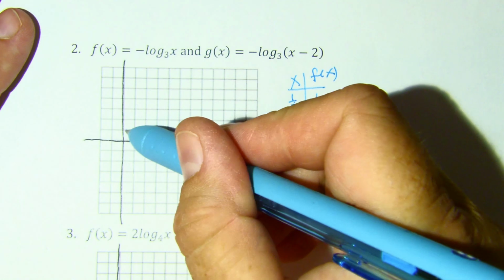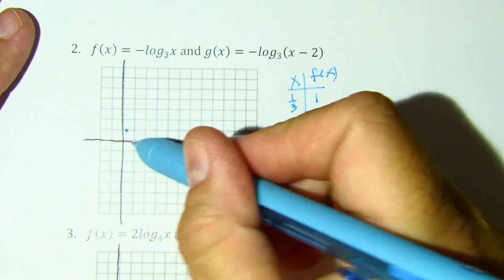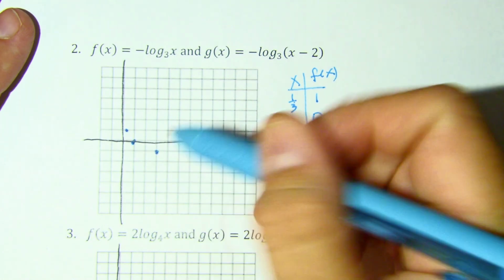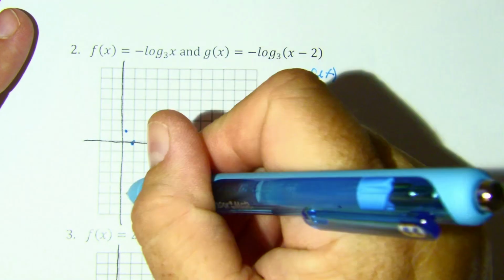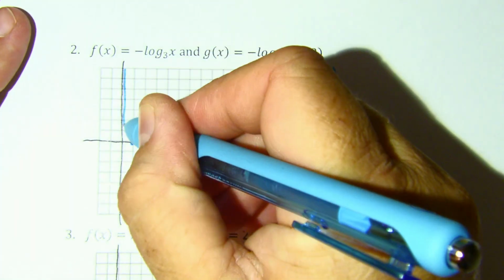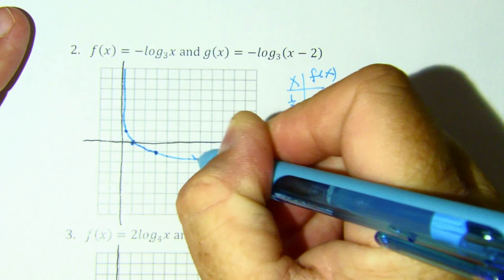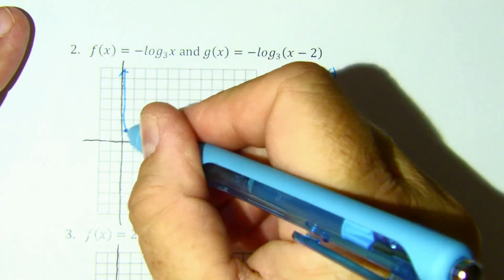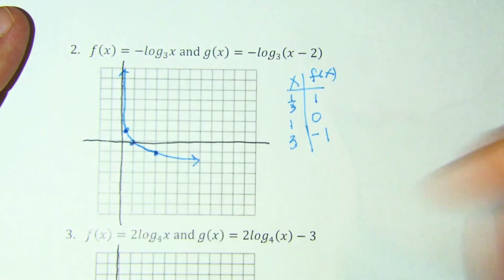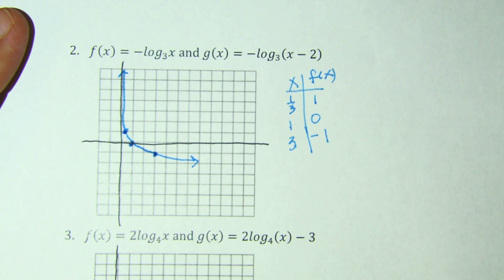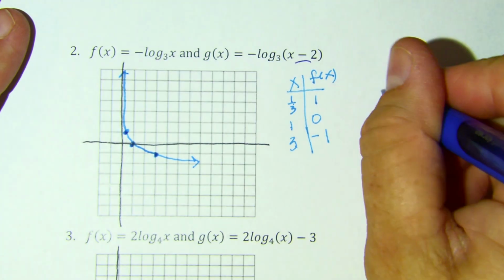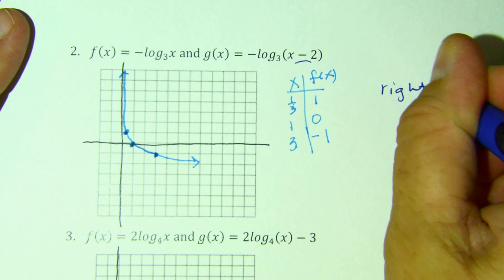So 1/3, I get 1, 1, 0, and then 3, negative 1. So instead of it going like this, now it goes like this. And I probably shouldn't have actually drawn that graph. We want to graph the shifting of it. This minus 2 moves me to the right 2.